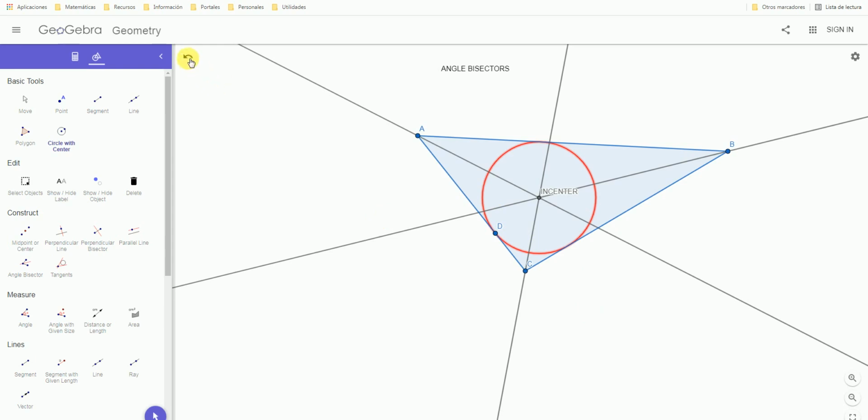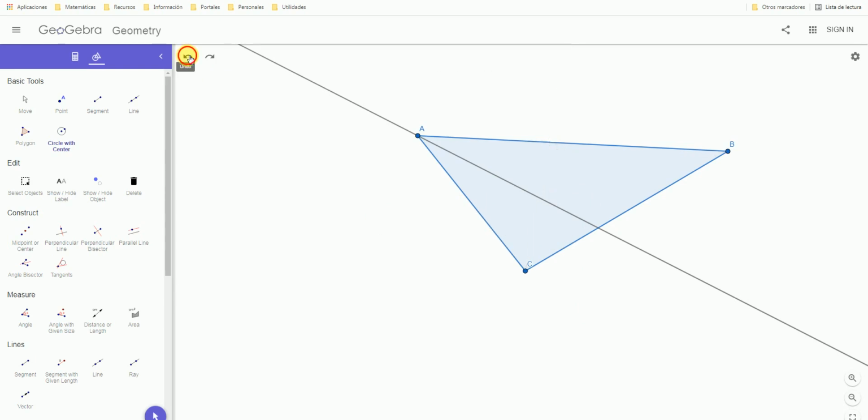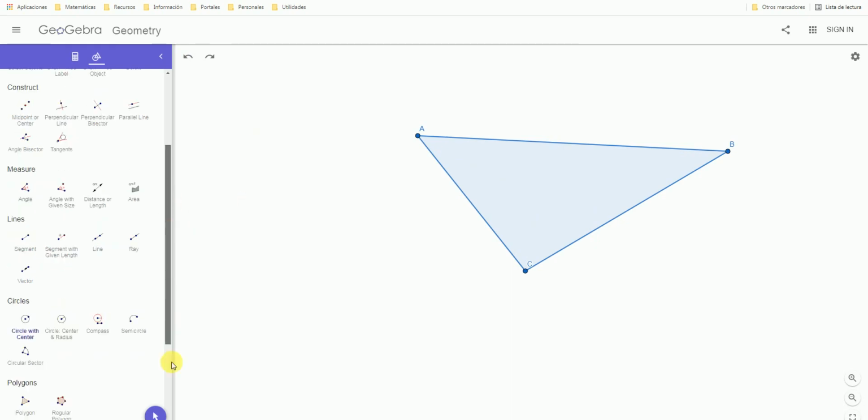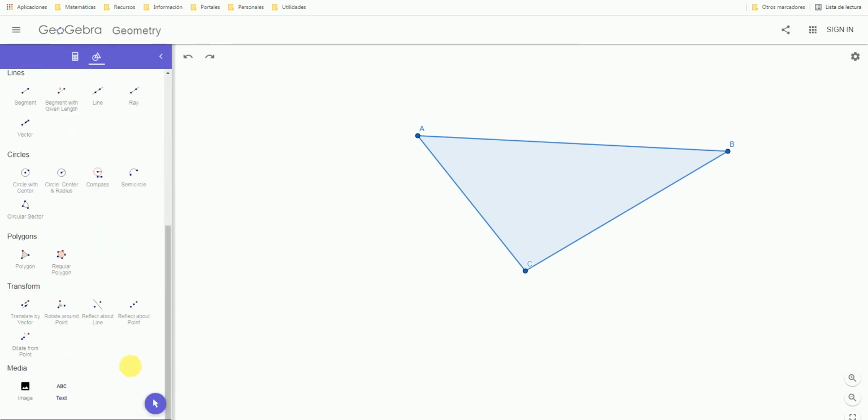And finally, let's go for the last type of lines and the last type of point in a triangle, what we call the side bisectors.